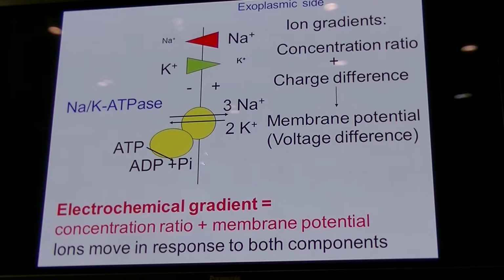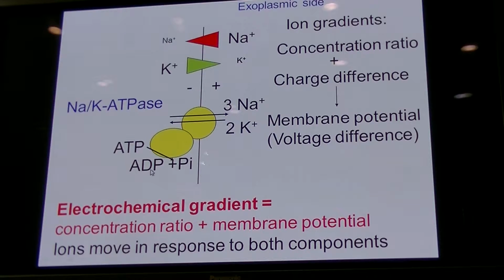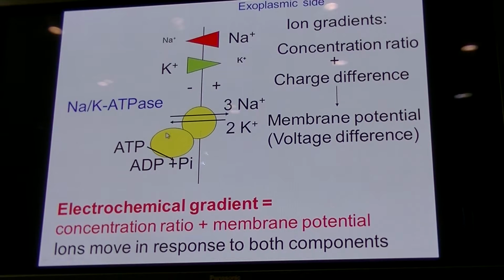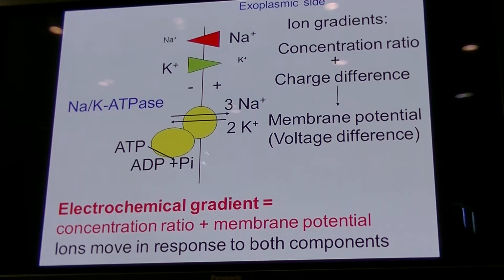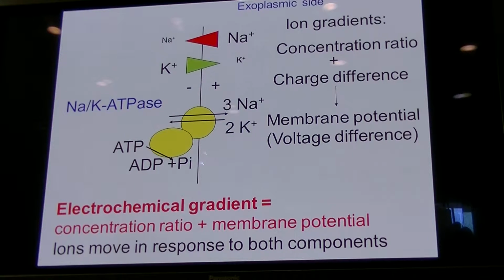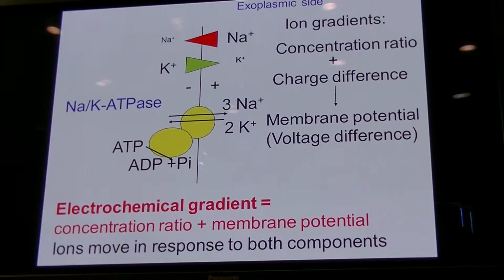Alright. Second important thing about this type of mechanism. If we exchange here 3 sodium out, 2 potassium in, we're moving net positive charge out. So we're moving 3 plus out, 2 plus in, we have net plus 1 moving out. So we're moving a net charge out.